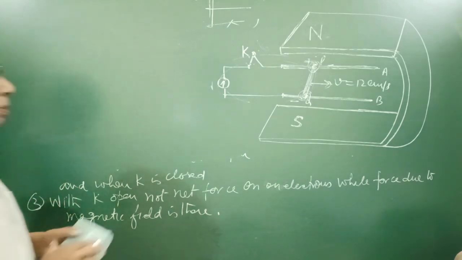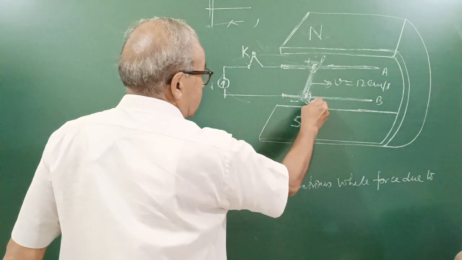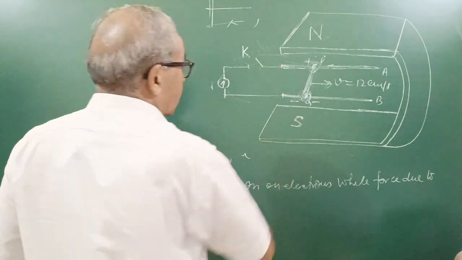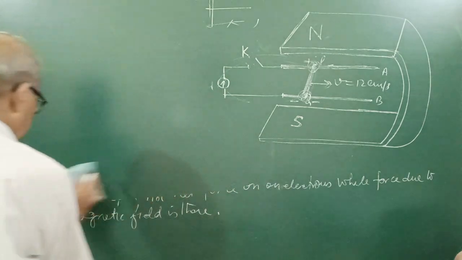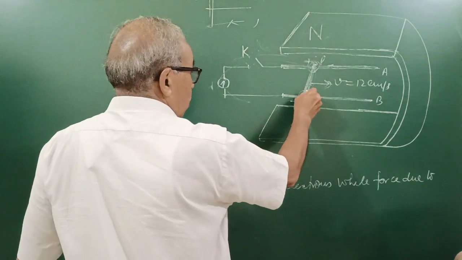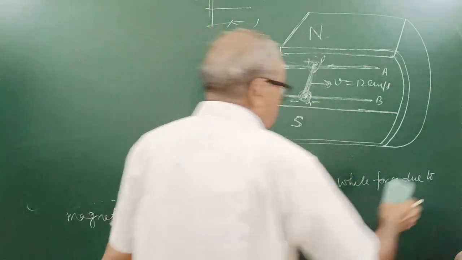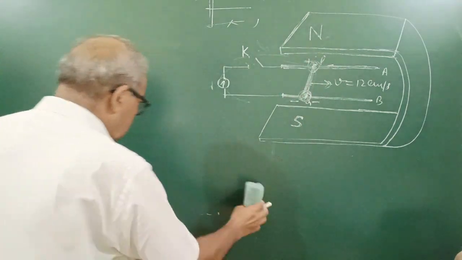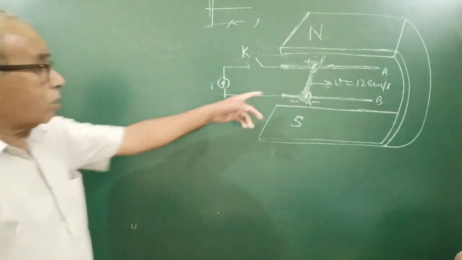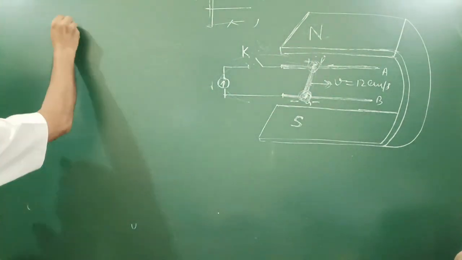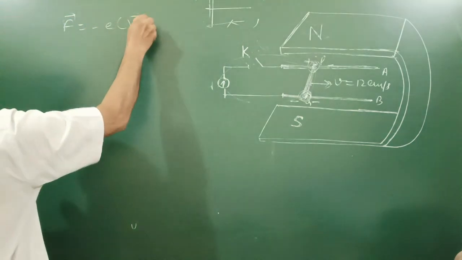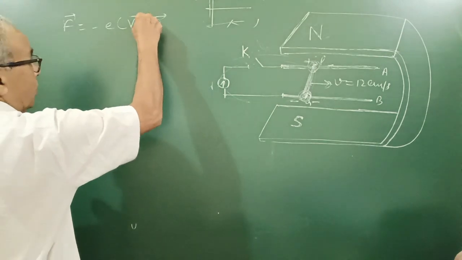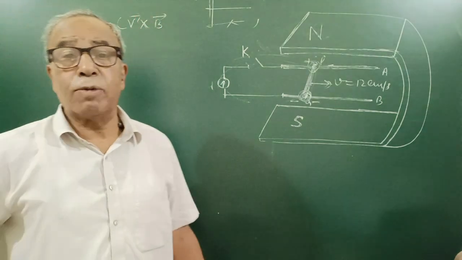Now, with K open, there were excess electrons here, so electrons do not experience a net force. At the Q end there will be excess electrons and there is no net force on the electrons, though electrons are moving in a magnetic field, where F is equal to minus e into V cross B. This will be there. But why is there no net force?